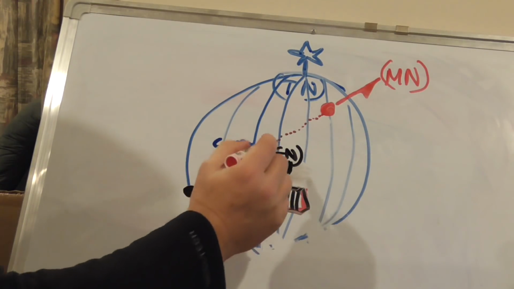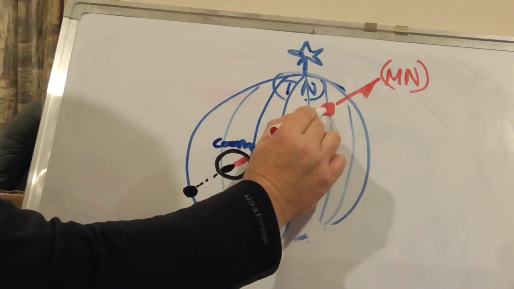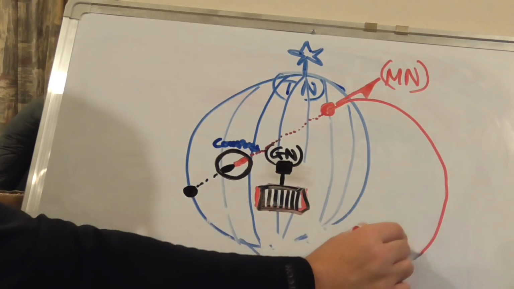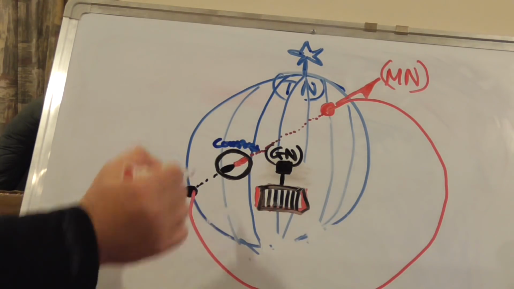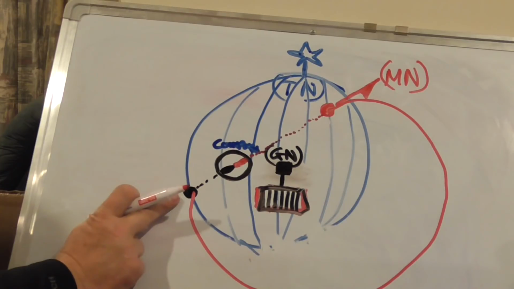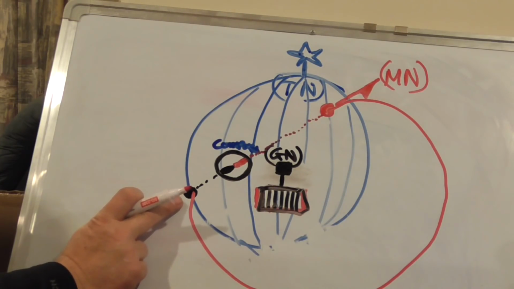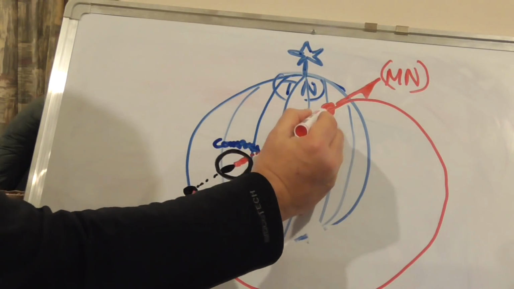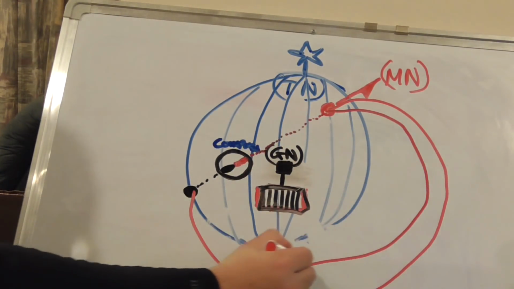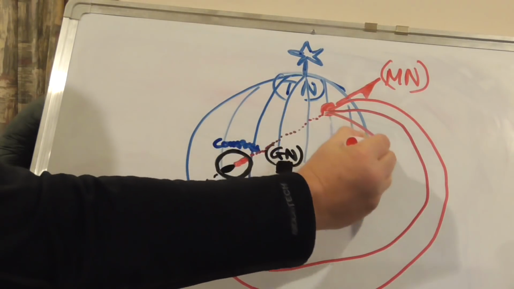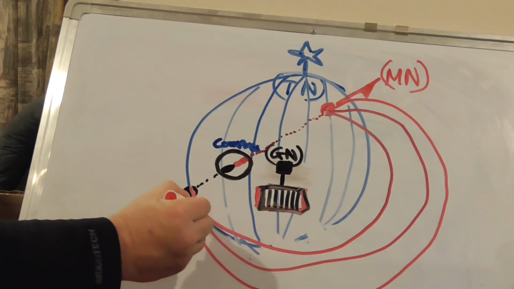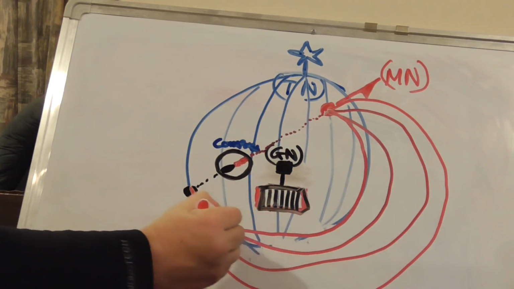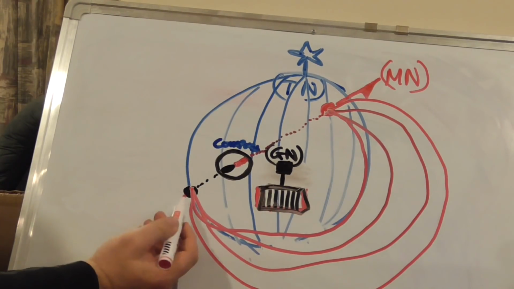I'm probably going to be drawing a bit of a mess here, but this magnetic field comes out of magnetic north, and it goes around the planet and back into the planet through magnetic south, on the other side of the planet.